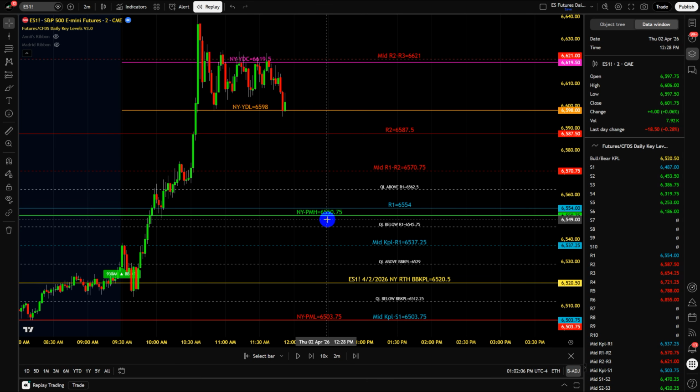Obviously, if you're trading micros, there's 10 micros for every regular E-mini. So on micros, it's going to be different. Some people prefer to trade 10 micros rather than one E-mini because it gives them a little more flexibility as far as scaling in and out of trades.